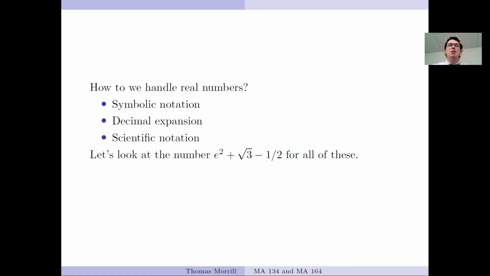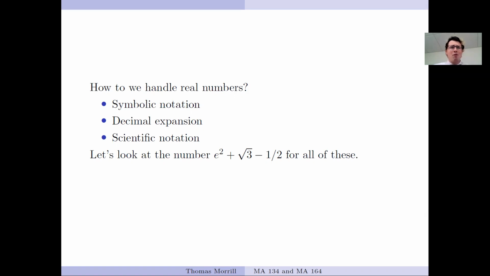We can use symbolic notation, or exact values, some people call that. We can calculate the decimal expansion of a real number, or this is a bit more specialized, we can use scientific notation. There's plenty of other variants of these things, but those are sort of the big three.